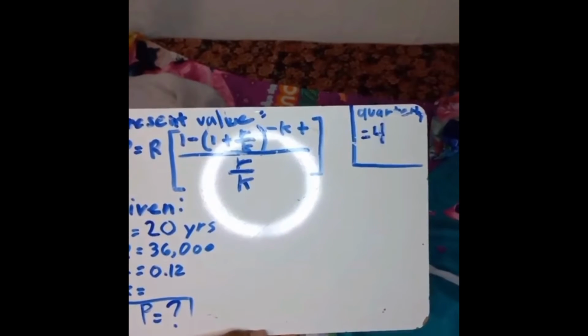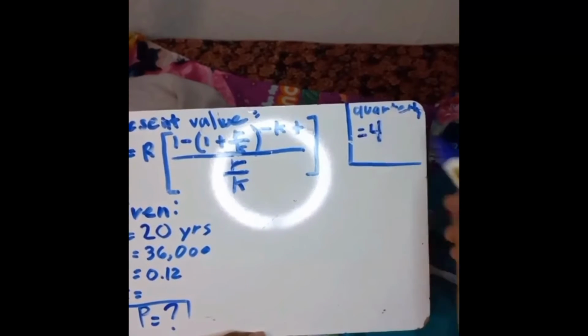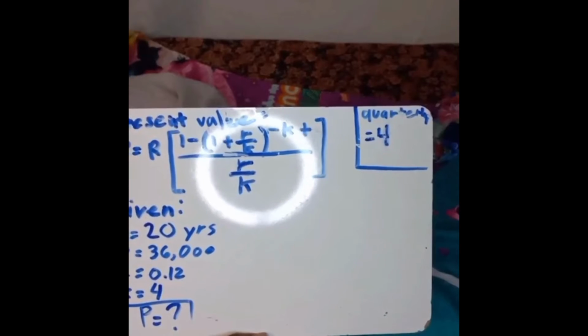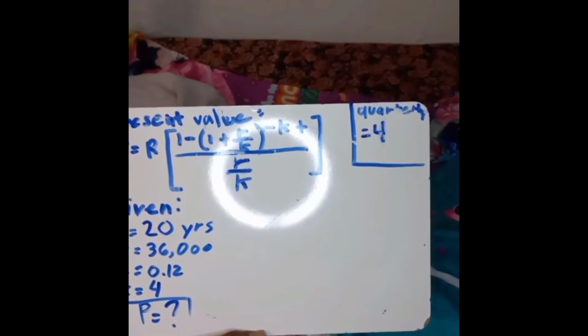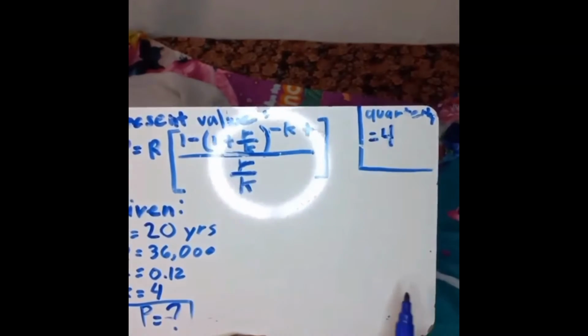And our K, our frequency of conversion, we have compounded quarterly. That's 4. And the unknown is how much must Lynch deposit at retirement. So we're looking for P, present value.